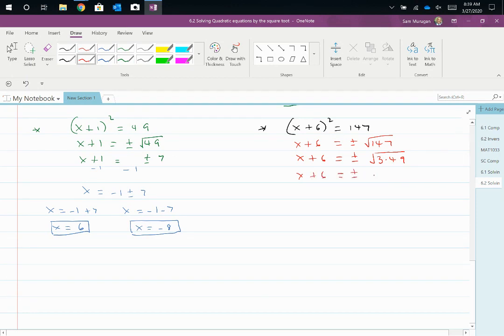So the square root of 49 is 7, 7 square root 3. Then we want to go ahead and take away 6 from both sides. x is equal to negative 6 plus or minus 7 square root 3. So two solutions, negative 6 plus 7 square root 3 and negative 6 minus 7 square root 3.